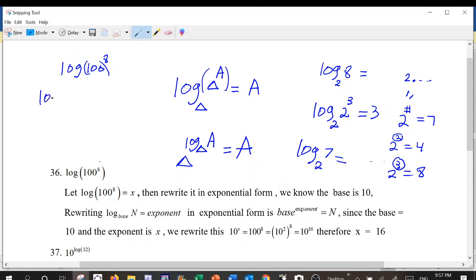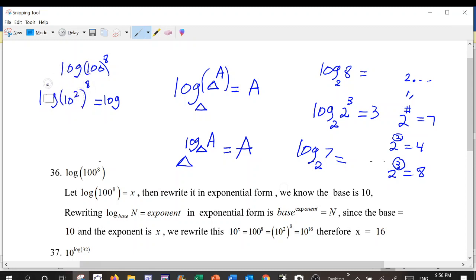All right, so let's see if we can do this without a calculator. What I need here is a power of 10. Why? Because the base is 10. So I can write 100 as 10 to the second power, and then to the 8th power, right? Which is log. Remember, we don't write the base here because we know this is a common logarithm, and by convention we don't write the base. So that's not the base, that's the argument. This whole thing is the argument of log.